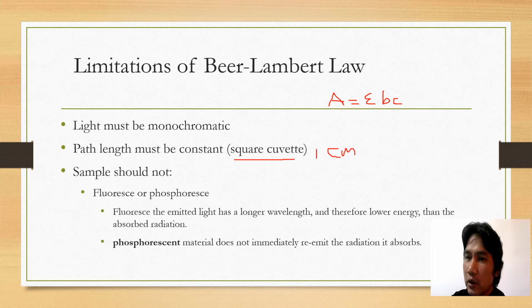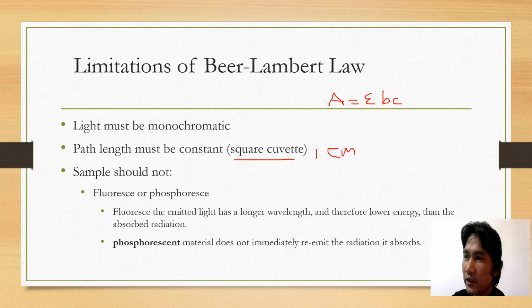So we don't select an object that fluoresces. Also, phosphorescent materials do not immediately re-emit the radiation they absorb.